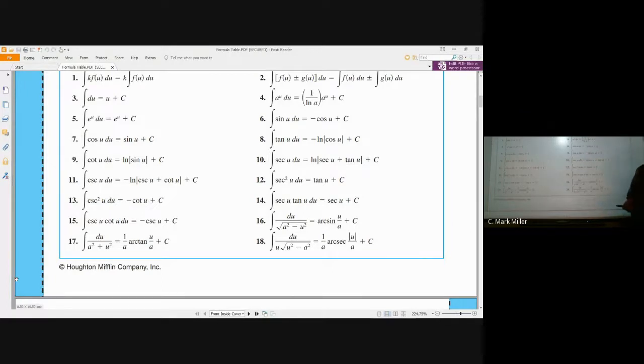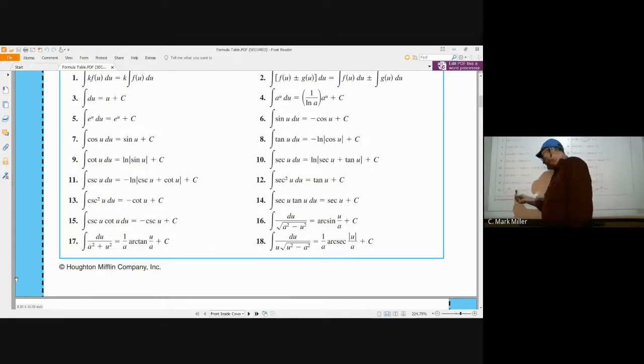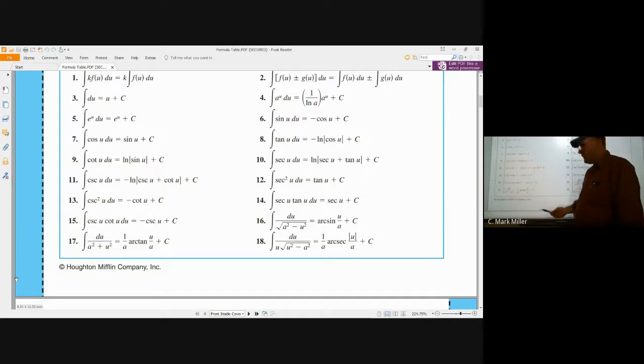You have minus 12 over x squared plus 4. Does that look like this form here? That would go to arcsine. Does that look like this form here? That would go to arctan. Or does that look like this form here that goes to arcsec? Which one of those three does that integrate to? 16, 17, or 18?